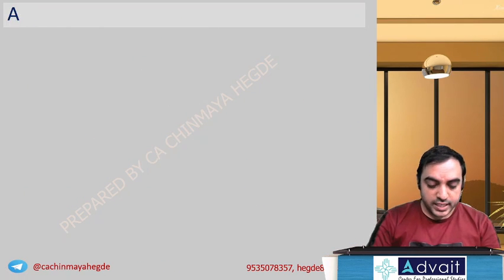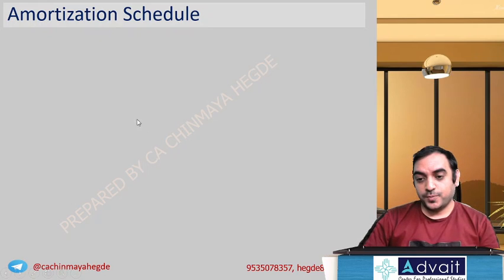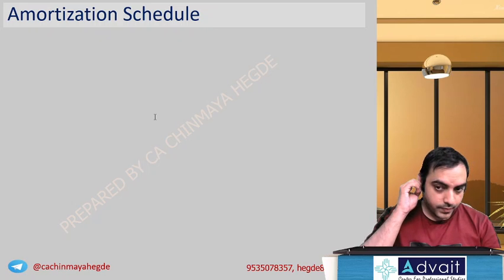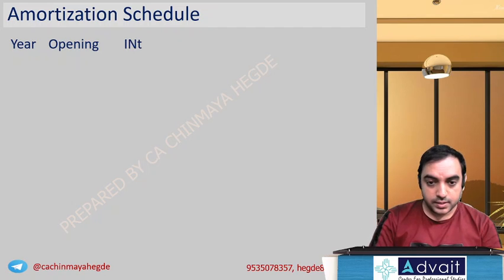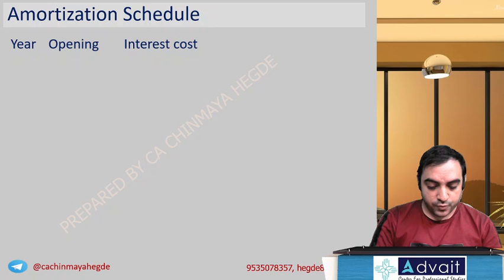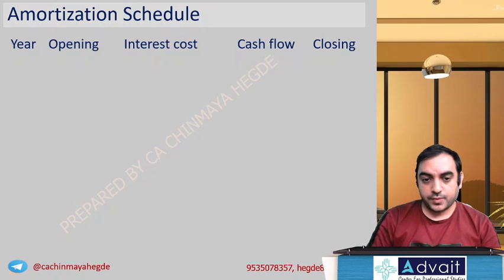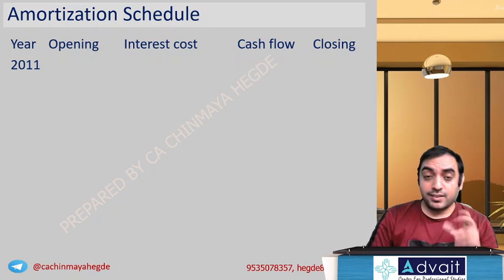Okay, so we'll make an amortization schedule with columns: year, opening, interest cost or finance cost, then cash flow or payments, and closing balance. First year, 2011, opening. How much is going to be your debt component?